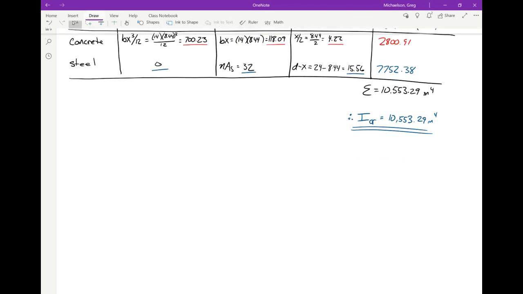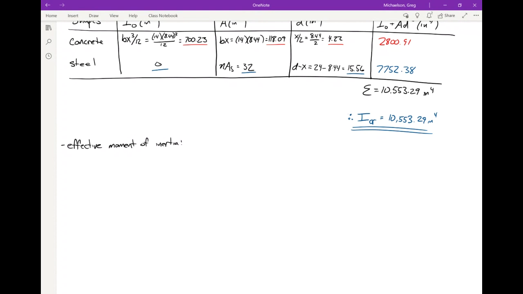So what we can do now is we can now compute our effective moment of inertia. Okay, and in order to compute this, let's just summarize the four quantities that we need to do this. So we need a cracking moment, which we computed to be 67.24 foot kips.